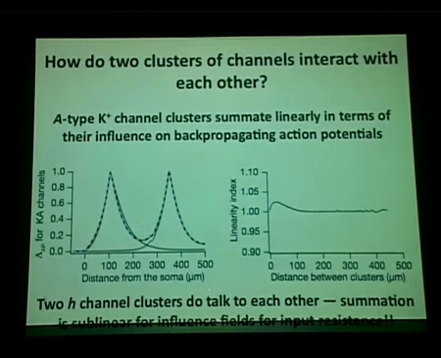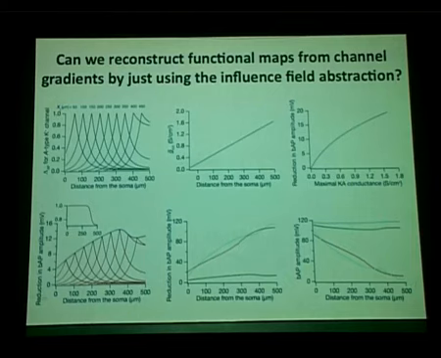Otherwise, we wouldn't have been able to do this. So here we have shown that there is an interaction between adjacent compartments, and you can reconstruct the map. This is the action potential amplitude with distance. It decreases with distance, and that is reconstructed by this influence field based linear reconstruction that you see over here.